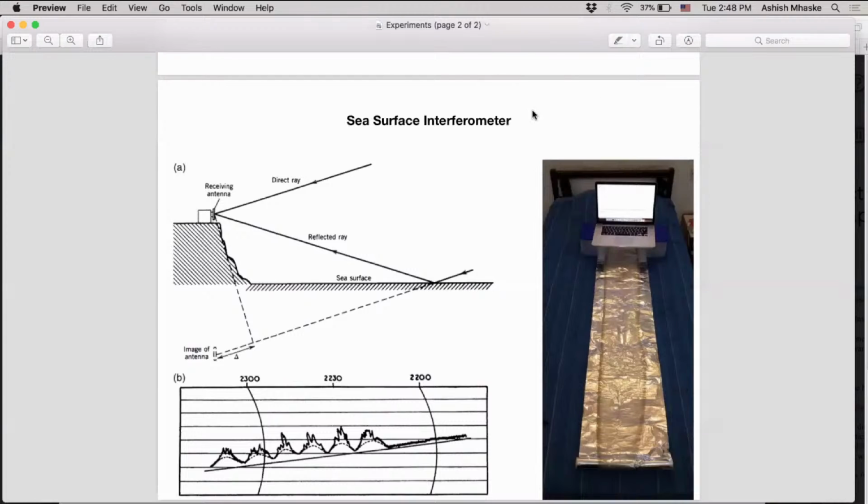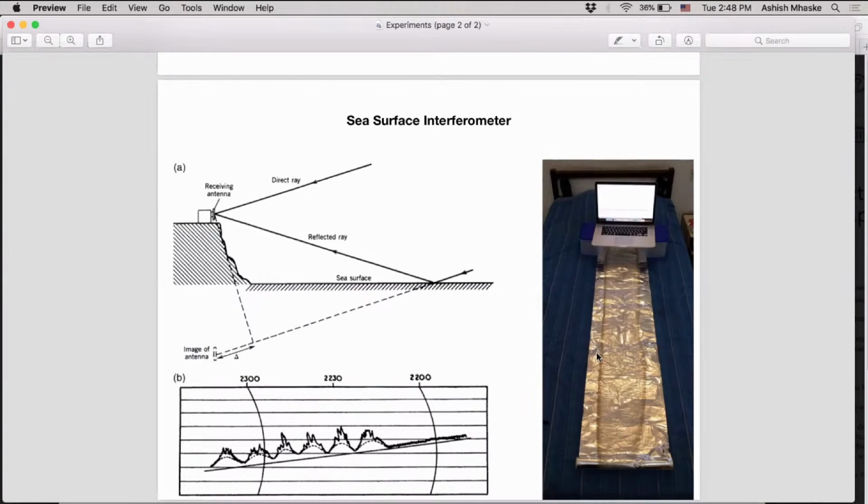So there will be two rays again here. One is the direct path, one is the path reflected from the sea surface. As the source moves in the sky, you see these maxima and minima, basically the interference pattern caused by these two rays. This was a very early setup used to do interferometry experiments.